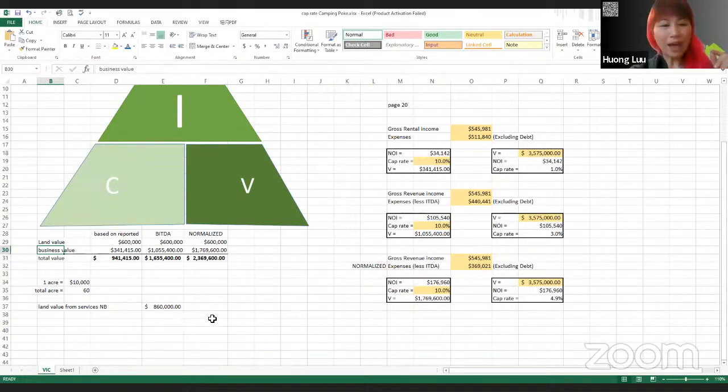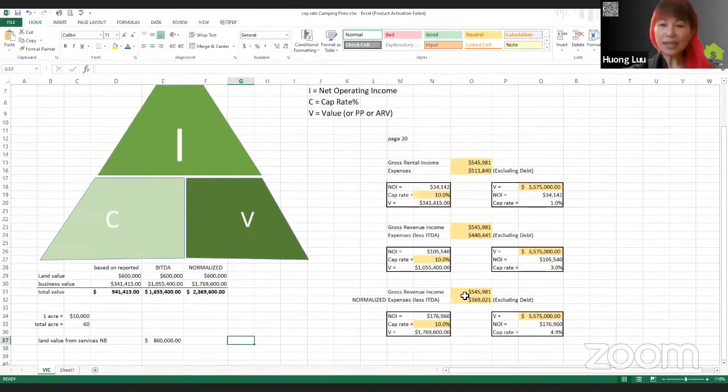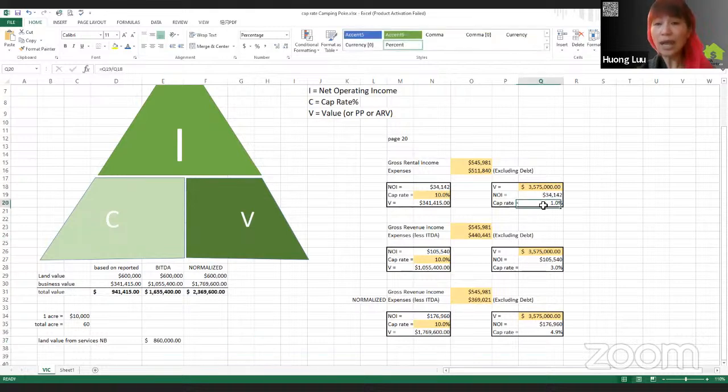So that is using the cap rates. In this particular case, with this opportunity here, as I decrease the expenses, my cap rate is going to go up, which is what I want.